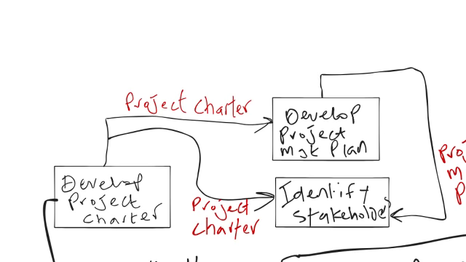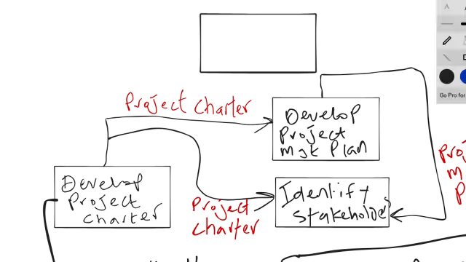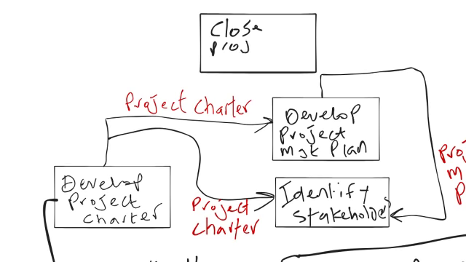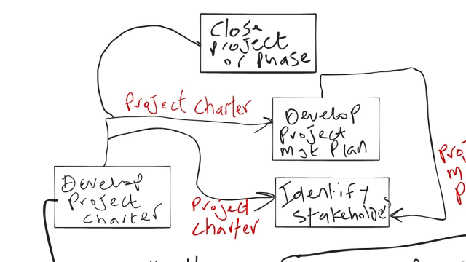One very important place that you should not forget the project charter goes is also in integration. And that process is close project or phase. So close project or phase is also going to receive this project charter as an input.